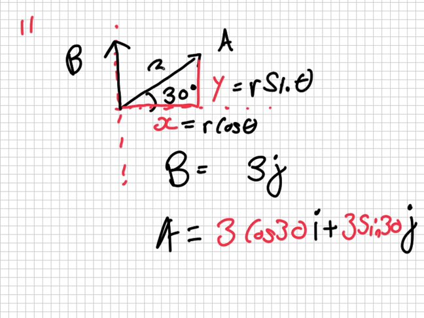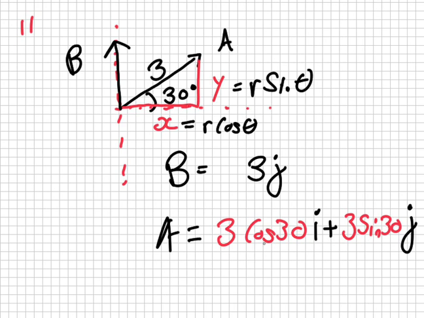This is 3, this is 3 cos 30, that's 3 sin 30. What was that called? Resolving. So you're resolving here.